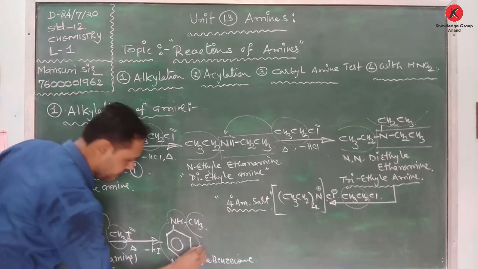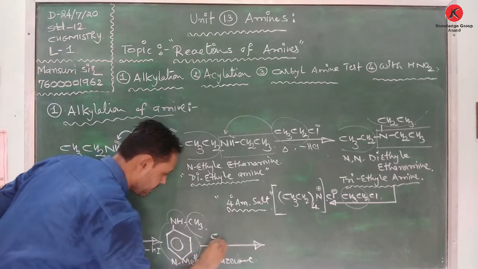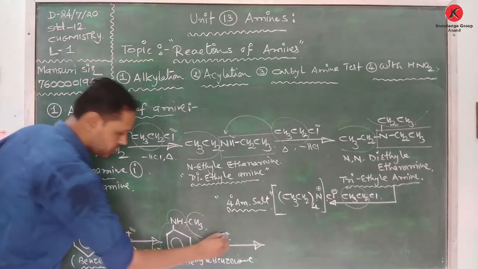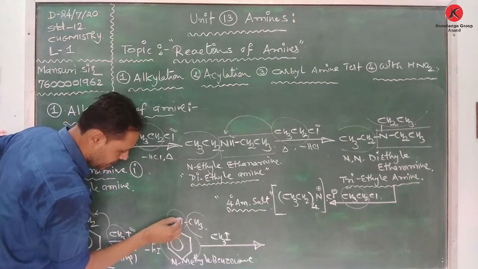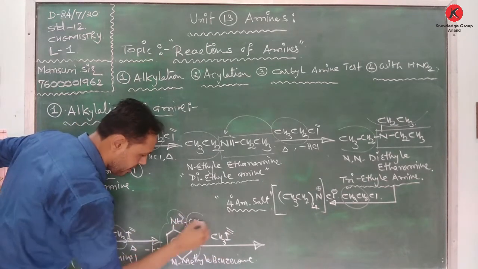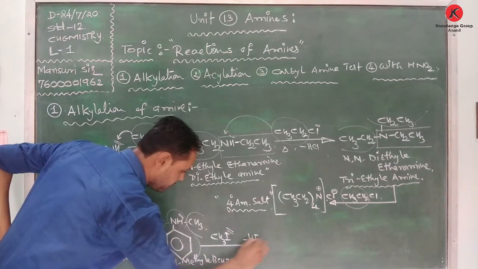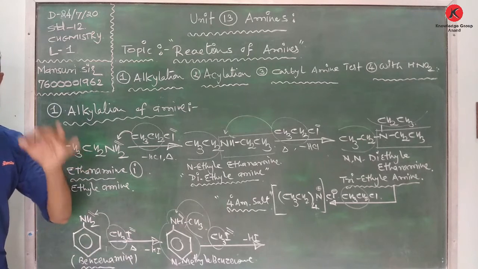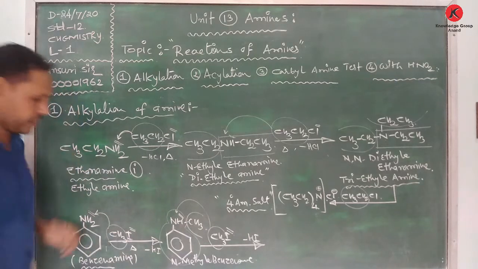Thereafter, methyl iodide is to be taken. Then what will happen? The hydrogen on the nitrogen will be removed with iodide. So HI will be removed and this methyl will go onto the nitrogen. That is why N,N-dimethyl aniline will be obtained.